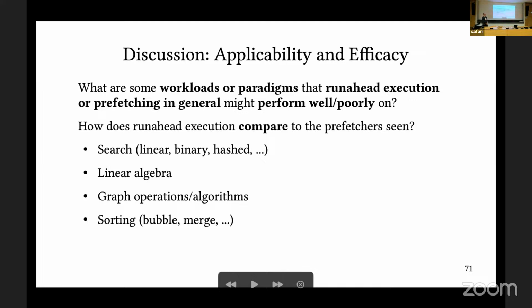Yeah, so my thoughts were, this is probably a case where Runahead execution actually has an advantage over a node prefetcher, because this is a case where the access pattern is kind of erratic, right?